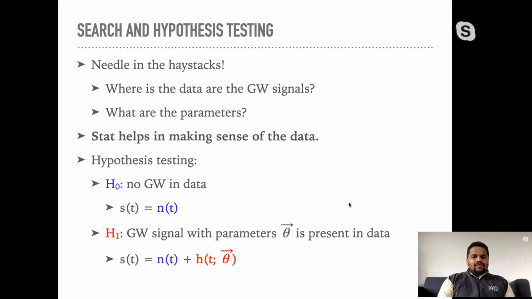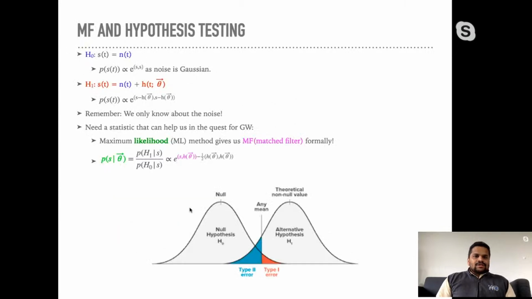Now, given the strain data S, we want to know which of these two is true, knowing that the LIGO noise without any signal is more or less Gaussian with the given PSD as its width for each frequency. So how do we do that? Well, if we know there is no signal, then the data should be just noise which has a Gaussian distribution. So the probability distribution for that data can be given by a simple exponential of a square formula. What is this bracket? We will come to it later, but just think of it as some kind of inner product or square.